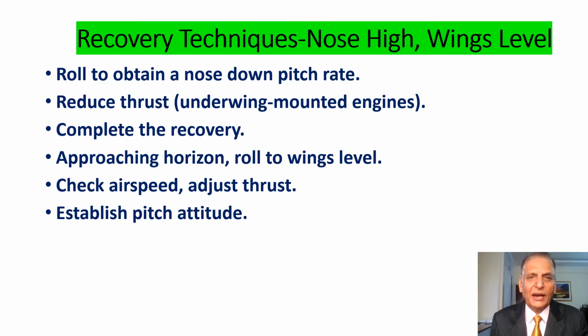Roll to obtain a nose down pitch rate, reduce thrust on underwing mounted engines. Complete the recovery, approaching horizon, roll to wings level, check airspeed, adjust thrust and establish pitch attitude.